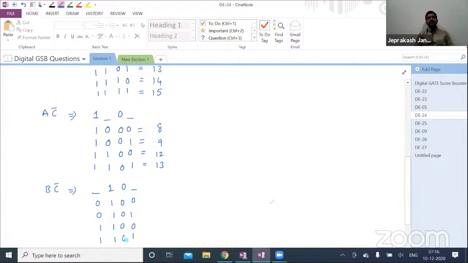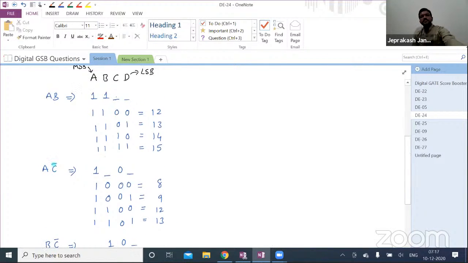Now in this case, what are the min terms? 4, 5, 12, 13, right? Yes, 4, 5, 12, 13 you will get. Just cross check. Some students are getting different for last 2 cases. Please cross check, right? So in this way, you will get the min terms.